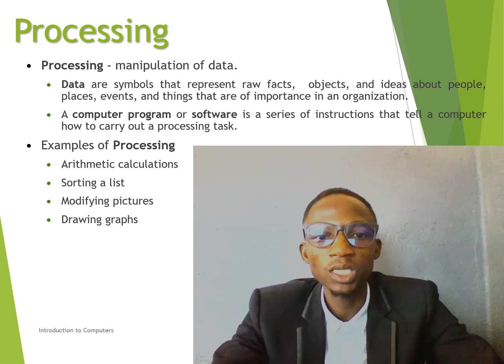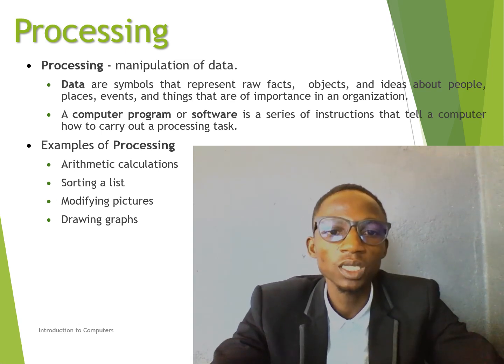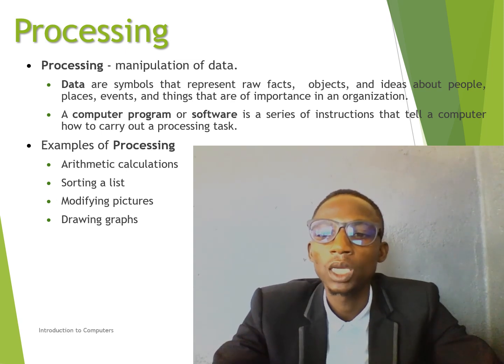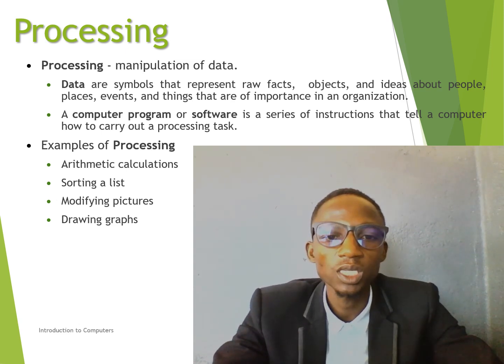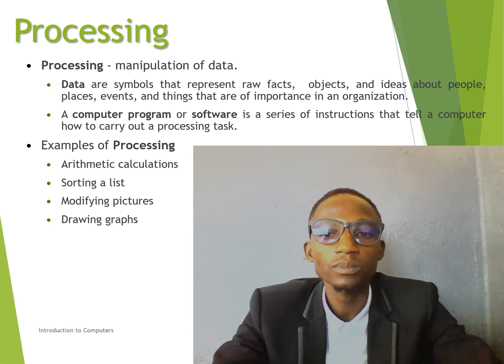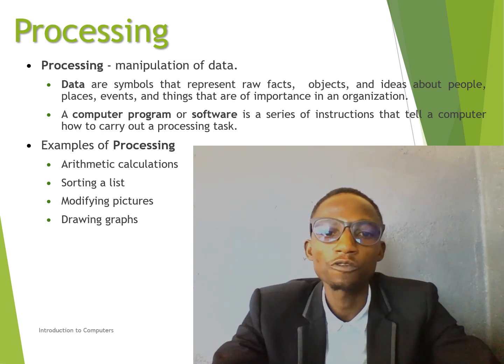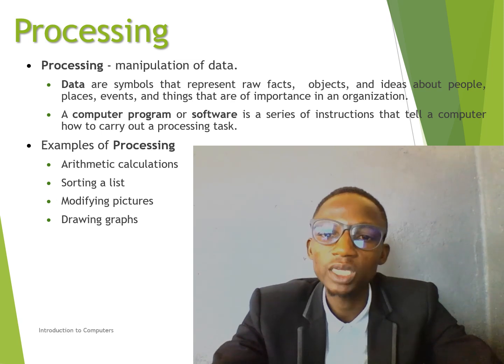In short, data on its own cannot make sense. So the data must be processed to produce what we call meaningful data, which is information. Thereby, the processing takes place. So the word processing involves manipulating data or raw facts or figures, objects, pictures, etc., to make it a complete thing, which is an output.